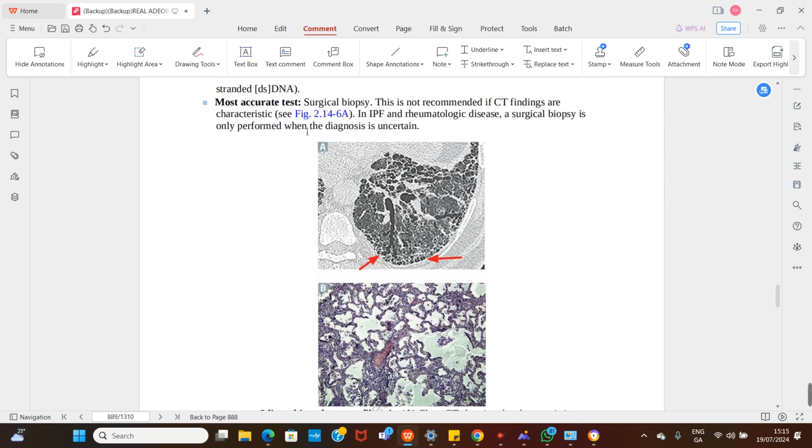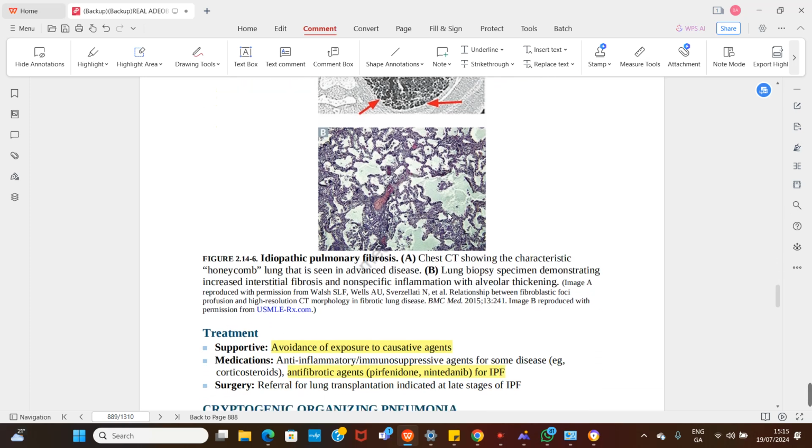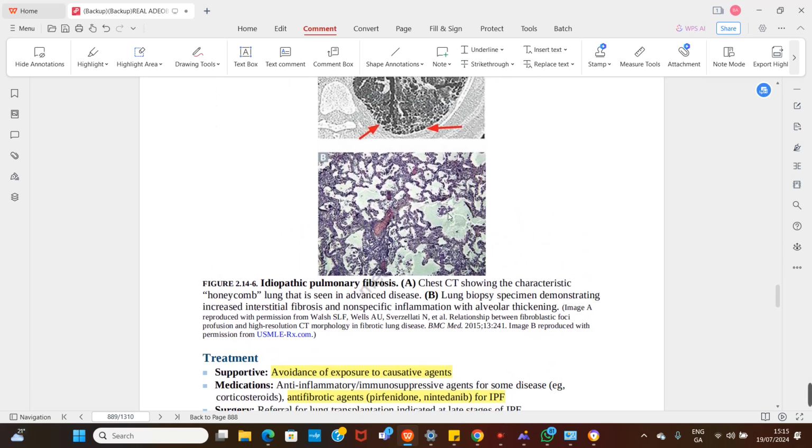The most accurate test is a surgical biopsy, but it's not recommended if you can identify your honeycombing or reticular pattern with your CT. You don't need to biopsy. But in people with idiopathic disease and rheumatologic disease like rheumatoid arthritis or SLE, you can do a surgical biopsy if the diagnosis is uncertain. That is just for value, not really high yield. Don't worry yourself about that.